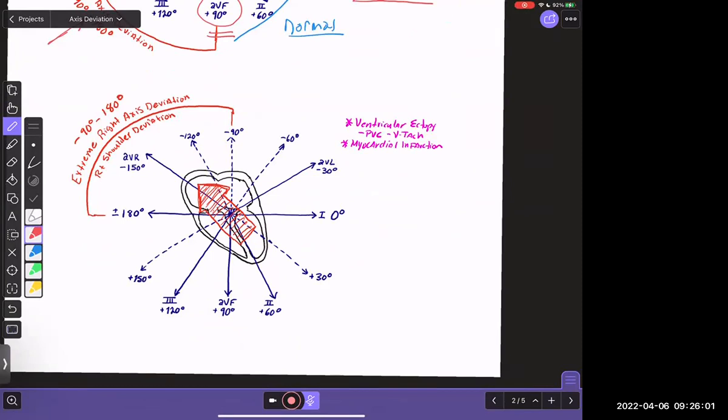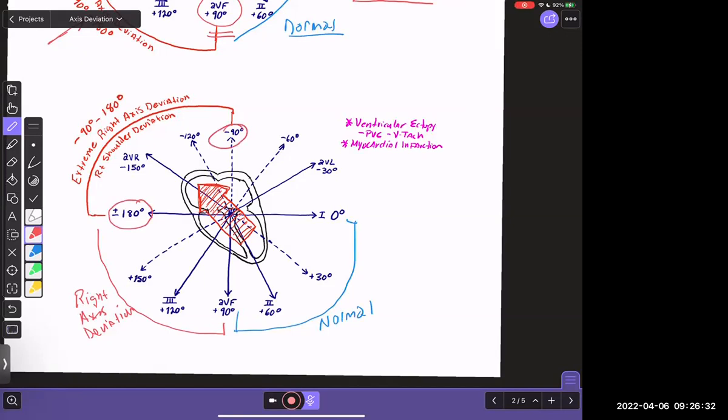It does occur, but it is relatively rare when you have axis deviation, but it is possible to see an extreme right axis deviation, and that would be defined as anything that falls between positive and negative 180 degrees to negative 90 degrees. Okay, so anything that falls between negative 180 degrees and negative 90 degrees is going to be considered extreme right axis deviation.